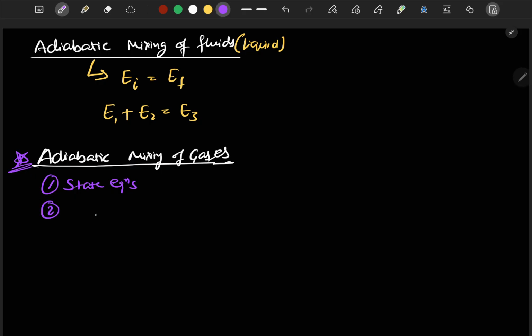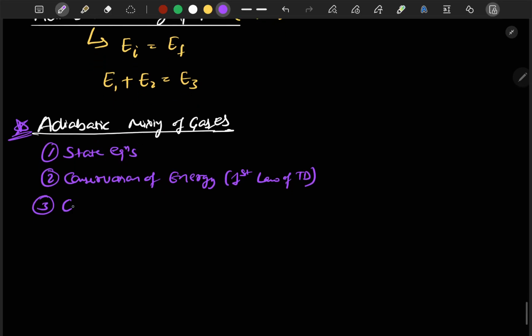Second, you should apply conservation of energy, which is also the first law of thermodynamics. The third most important point is you have to apply conservation of mass. By using all these three conditions, you can solve all the mixing problems.